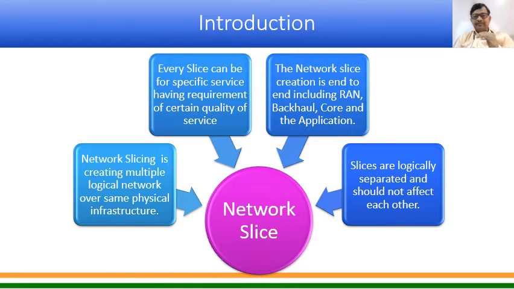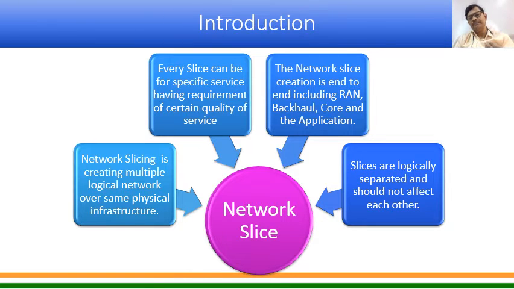And this logical separation of the slices is such that they will not affect each other. It means whatever compute or resources have been allocated to one slice, it will not snatch more than that from say other slices, unless you allocate more resources.